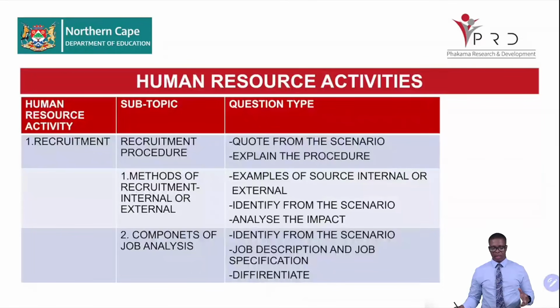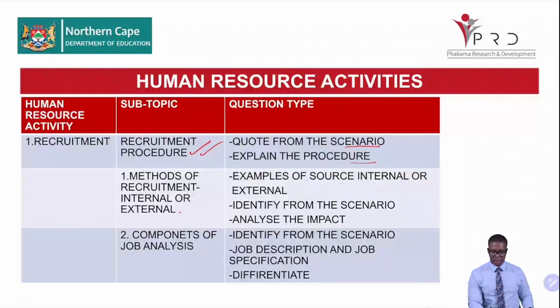Then these are the activities in terms of the question type you may get and the subtopics that are there for each human resource activity. The examiner may ask you the recruitment procedure, and it may come in a form of a scenario where you are expected to quote and explain other steps of the procedure.